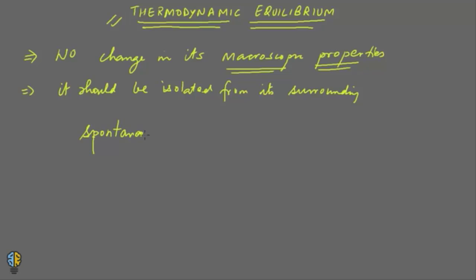Spontaneous, that is, in very little time. So when you have a system in equilibrium, it will take a finite amount of time to reach that equilibrium state, and it cannot depart from that equilibrium state spontaneously. Therefore, there can be no spontaneous change in any macroscopic property if the system is in thermodynamic equilibrium.